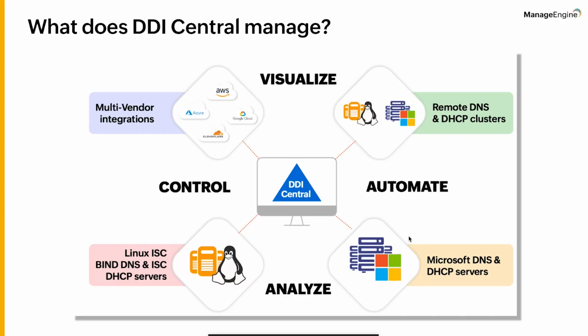It could be made accessible using private networks connected through IP MPLS augmented by a VPN, or point-to-point connections, or SD-WANs. So you should make all those remote clusters accessible to the DDI Central console, and with those clusters connected to it, DDI Central will be able to effectively manage these remote DNS and DHCP clusters.